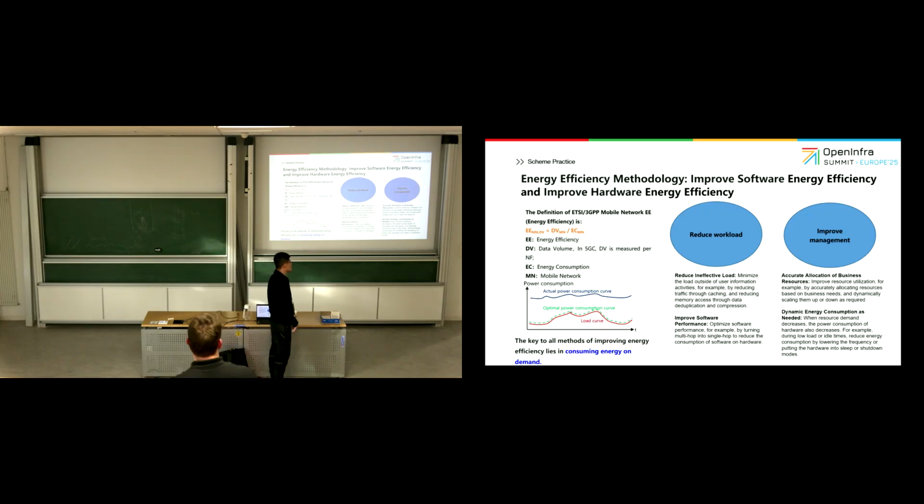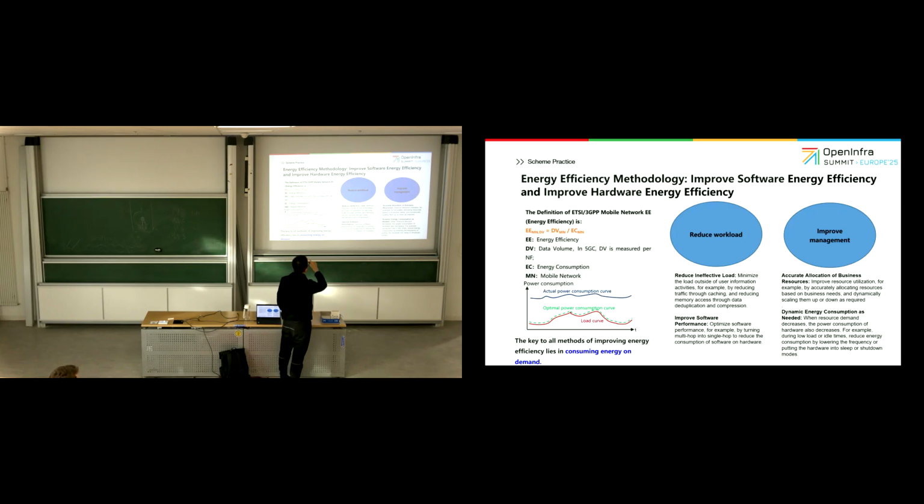So you can reduce your workload or improve the management. By reducing the workload, you can reduce the ineffective load, like using caches or doing some comparisons to improve the performance. And for the management, that is the way you manage the gap.